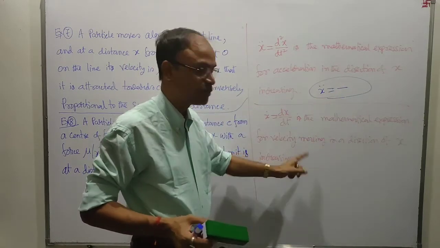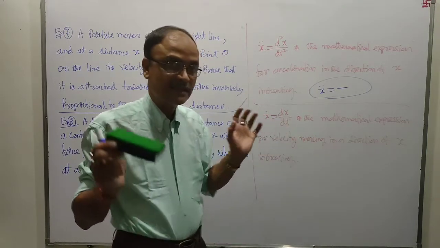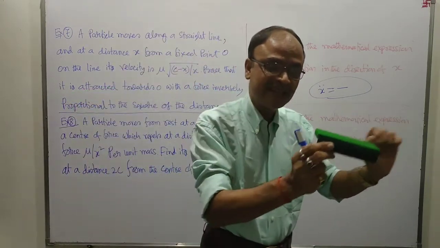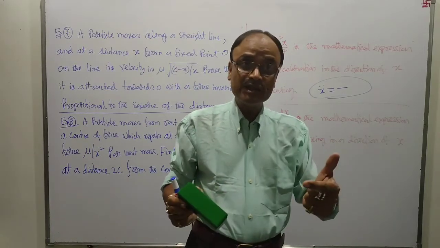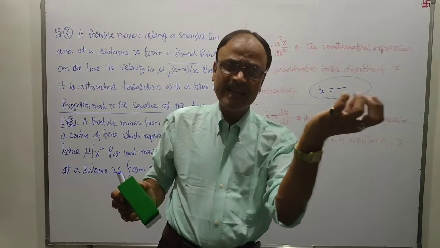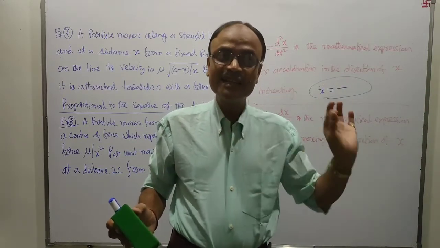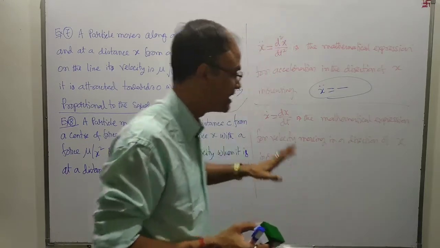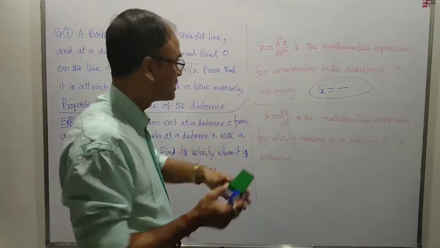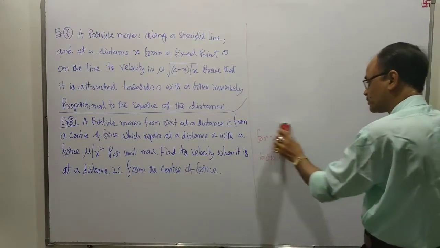And similarly for the velocity. X dot means it is moving in a direction of x increasing. But if it is noticed that the particle is moving in a direction of x decreasing, then we will take the negative sign. Just note it down. Now let us come to solve the 2 problems.